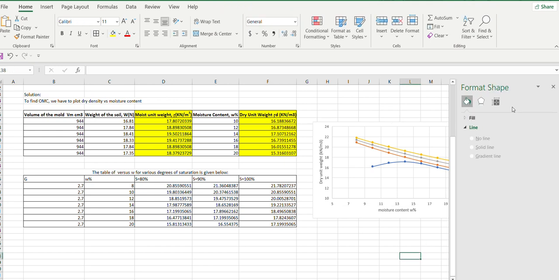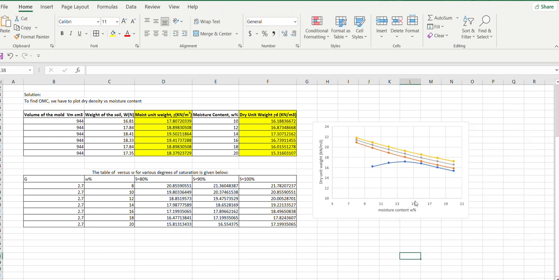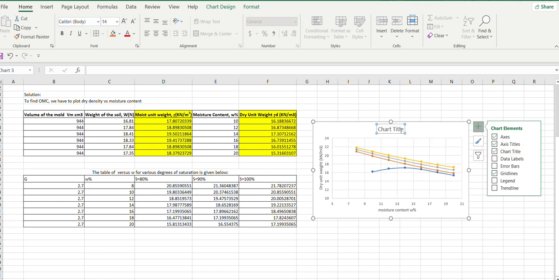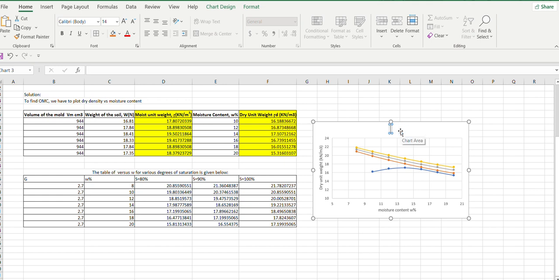Okay, so this is our chart title. It's the dry unit weight versus moisture content.